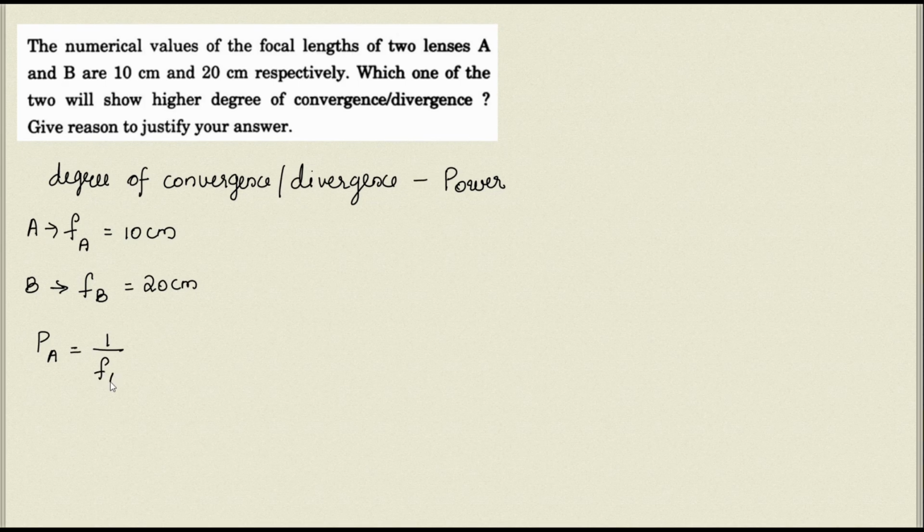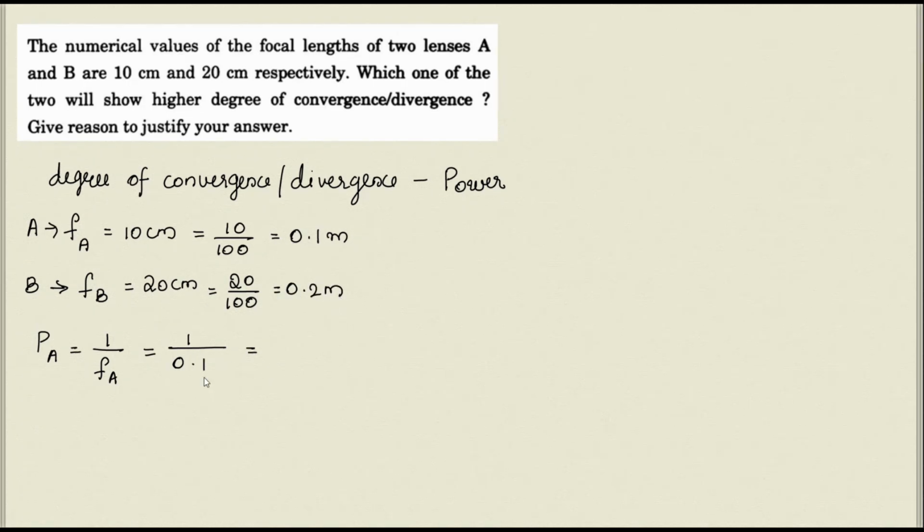Reciprocal of the focal length of A in meters. 10 centimeter in meter means 10 by 100, that is equal to 0.1 meter. Likewise, 20 centimeter is 20 by 100, that is equal to 0.2 meter.